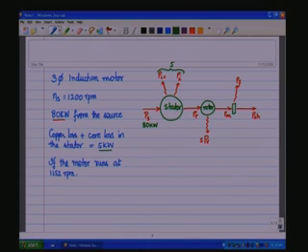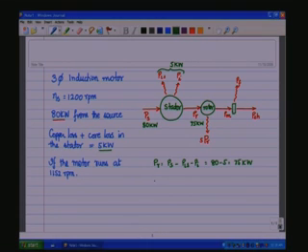Therefore PR, which is equal to PS minus PLS minus PI, is equal to 80 minus 5, which is 75 kilowatts.